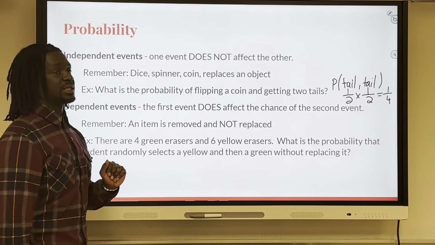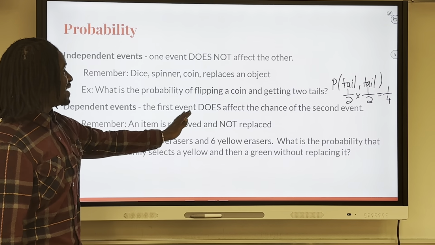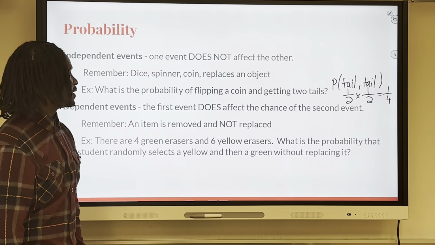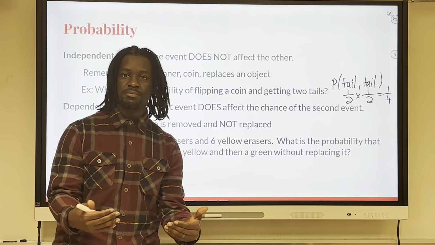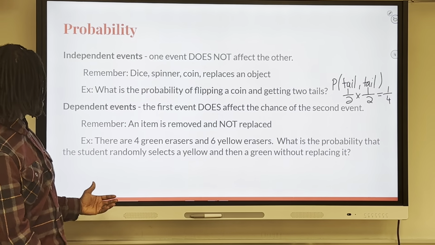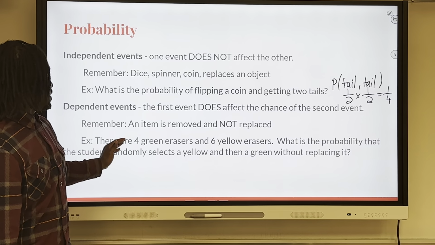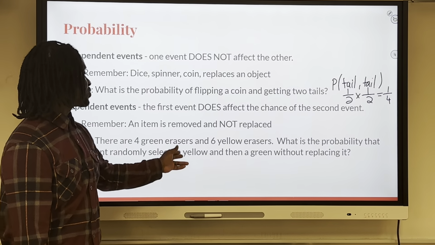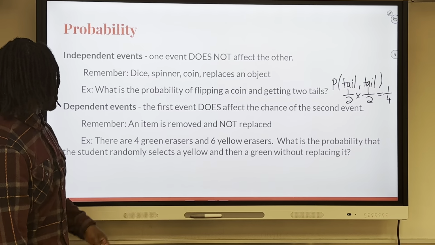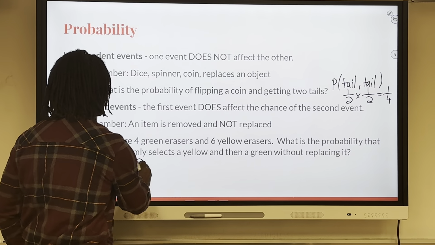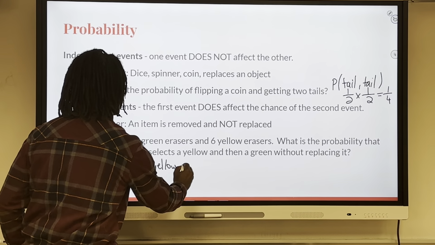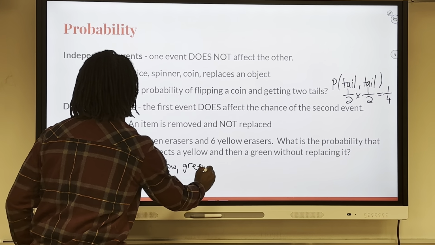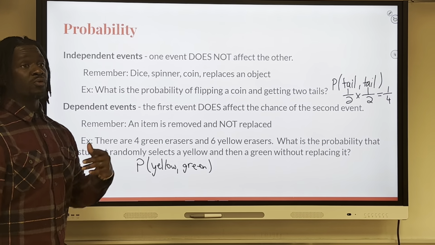On the dependent side, the first event does affect the chance of the second event, and the key is that an item is removed. There are 4 green erasers and 6 yellow erasers. What's the probability that a student randomly selects a yellow eraser and then a green one, without replacing it?